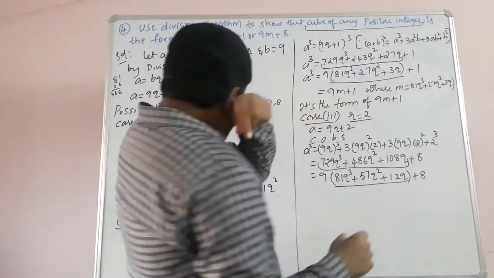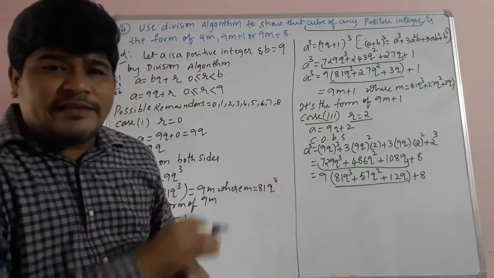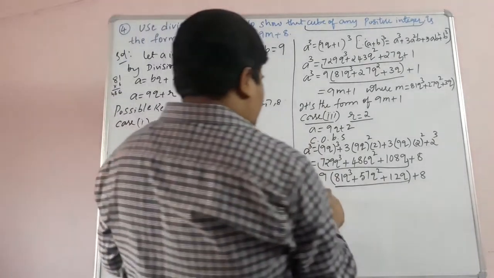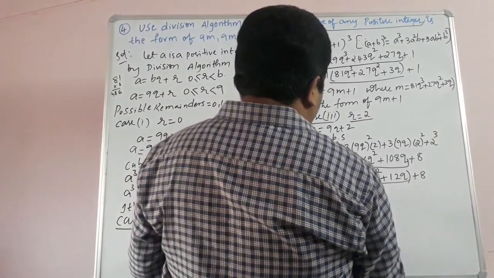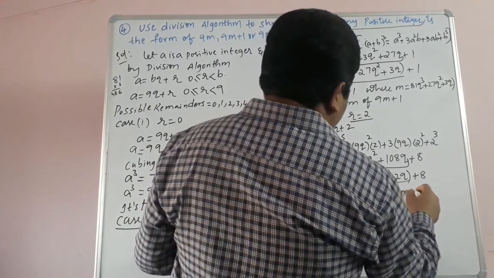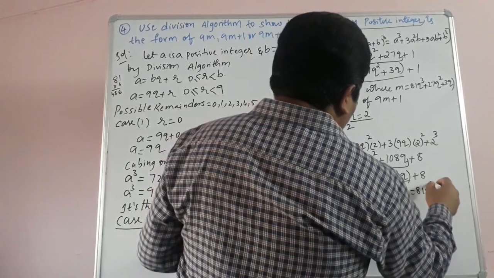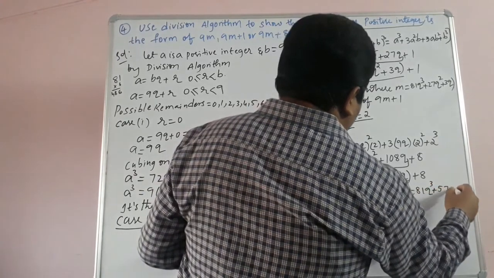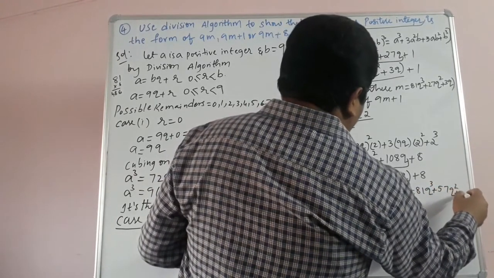Here we got 9 into something plus 8. It means it is in the form of 9m plus 8, where m is equal to 81q cube plus 54q square plus 12q.